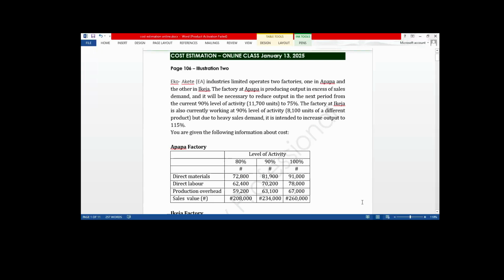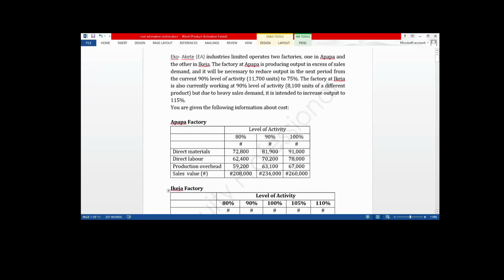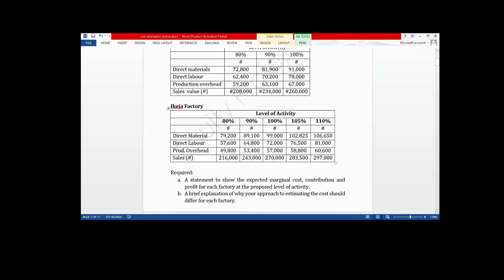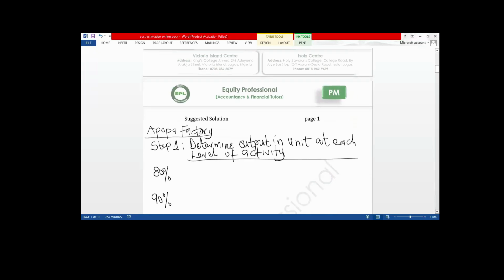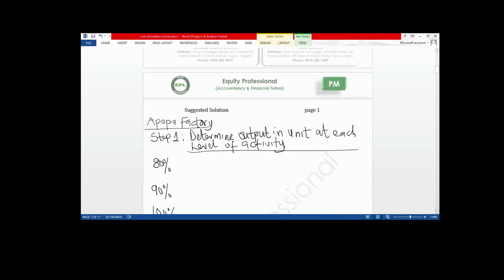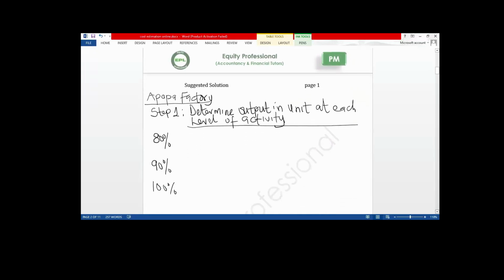That means at 90%, Apapa will produce 11,700 units. This is given to us in the question.